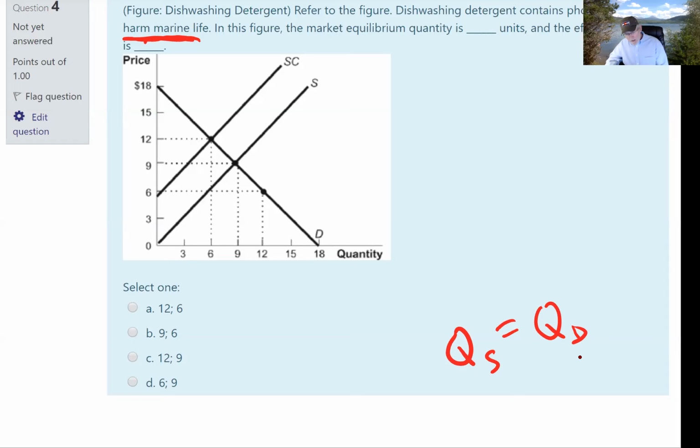So let's look at the equilibrium first. This is the supply curve. The supply curve always shows you the marginal private cost. I forget exactly how your book labeled this, but the supply curve is showing you the marginal cost to the producer. It's not taking into account the external cost due to the harm that this pollution is causing. There's an external cost.